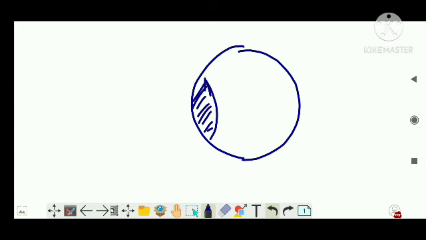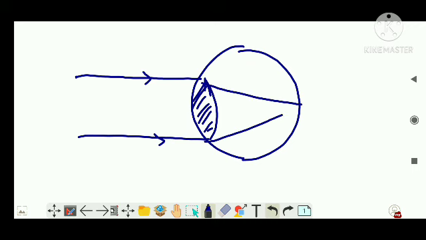So let's say the object is far away, which means the light rays will obviously look parallel, right? And since it is a convex lens, it will be converging, just like rays coming from infinity, so the points will meet here. This is how it functions.